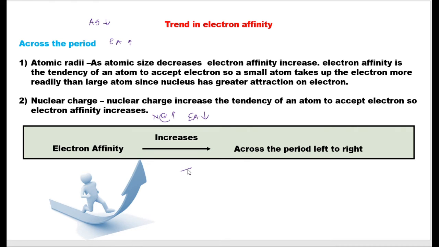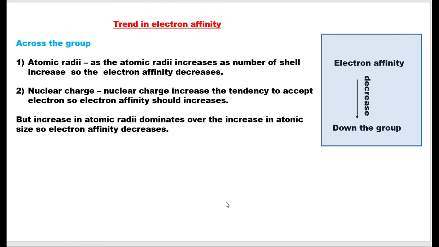Clear? We move on to the next one, that is down the group. Here also you need to explain the same thing, just as you explained for the ionization potential. Down the group, atomic size increases because of the number of shells. So you are going away from the nucleus. As you go away from the nucleus, the power of attraction decreases, because the nucleus won't be able to exert the same attraction on an atom which has a larger volume.